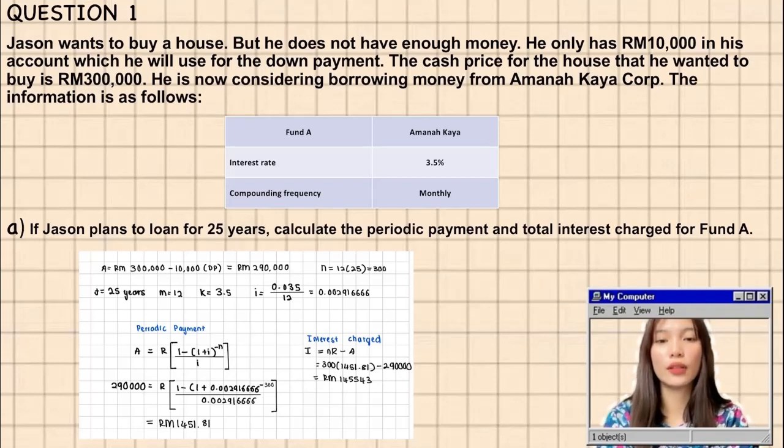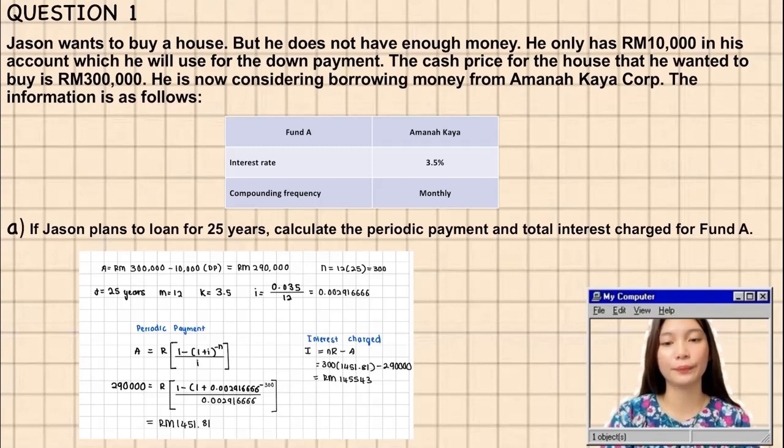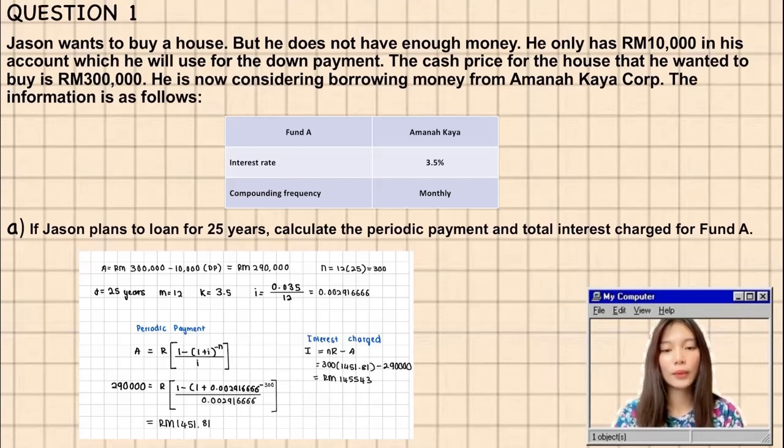In order to calculate the periodic payment, we must use A equals R open bracket 1 minus (1 plus I) power of negative N over I close bracket. 290,000 equals R open bracket 1 minus (1 plus 0.002916666) power of negative 300 over 0.002916666 close bracket.